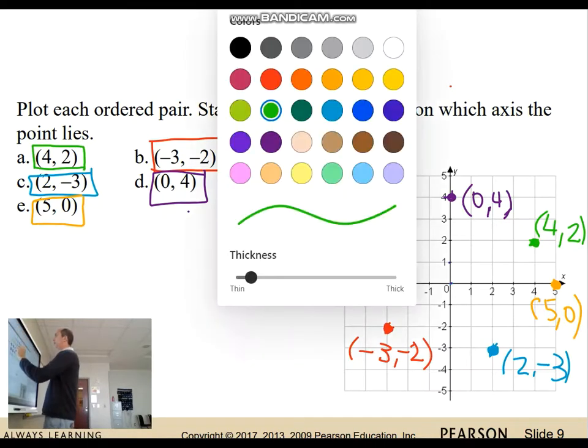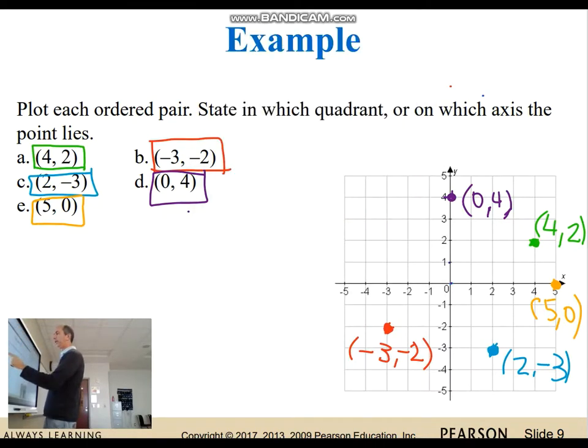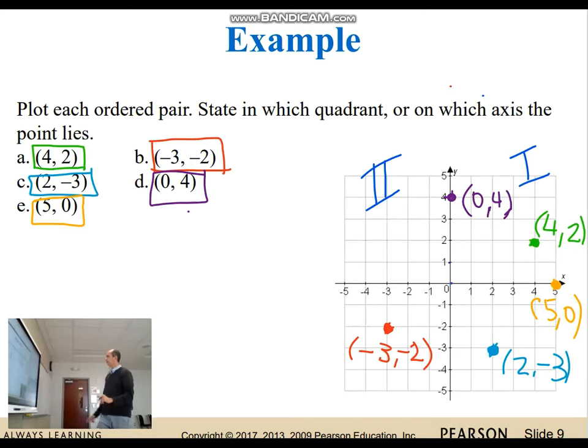Those points here, the ordered pairs 4 and 2, and the ordered pair 0 and 4, they are on the first quadrant, or quadrant 1. You don't have anything on quadrant 2. Actually, this one is in the middle, right on the border between quadrant 1 and quadrant 2.